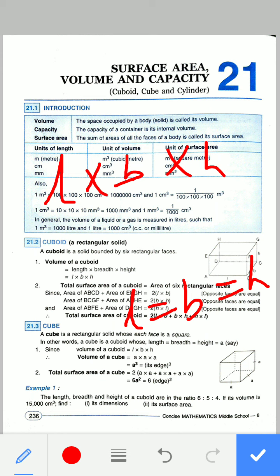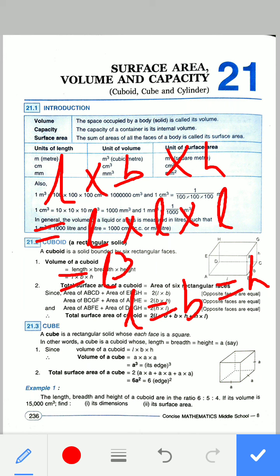But in case of a cube, length, breadth and height are all equal. That means length equals breadth, so instead of B you can write L, and instead of H you can write L. So L cube. L cube means side cube. So side cube, or a cube, or edge cube is the volume of a cube.